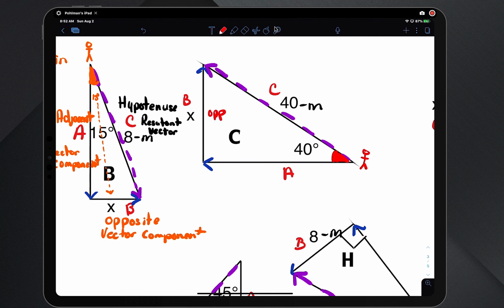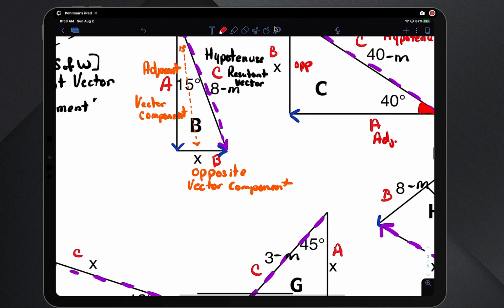That would be this one right here. Which side would be the longest side, the resultant vector? That's side C. So we would label this one the hypotenuse. And then that leaves the last side, the one that's right next door to it, the one that's adjacent to it. We're going to put adjacent right here.